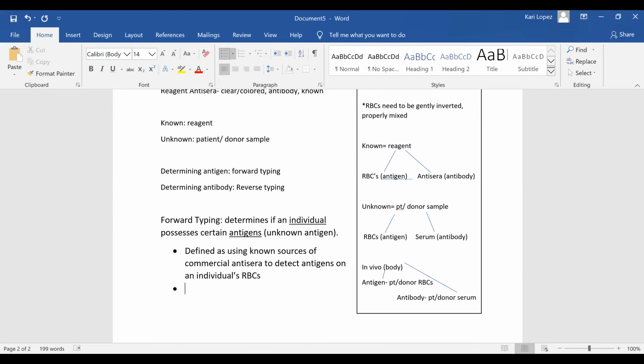So we talked about the anti-sera that we're using, but how do you figure out what you need to start with? Like I said, if you have your unknown antigen right here, then you know you need the opposite of that. The opposite of unknown is of course going to be known, and the opposite of antigen is going to be the antibody.